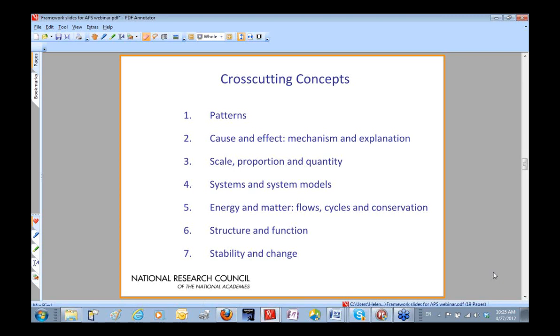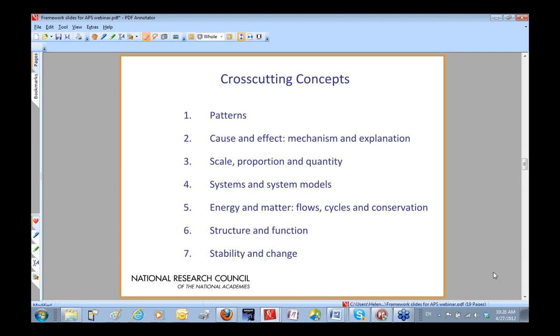Almost all of science is about cause and effect mechanisms and explanations, and yet you very seldom hear that term in science classrooms. It's in the background of the scientist's mind, but not in the foreground.